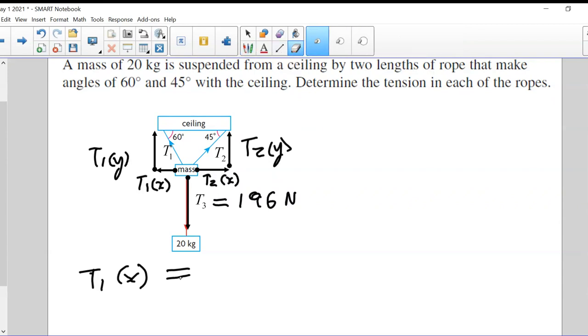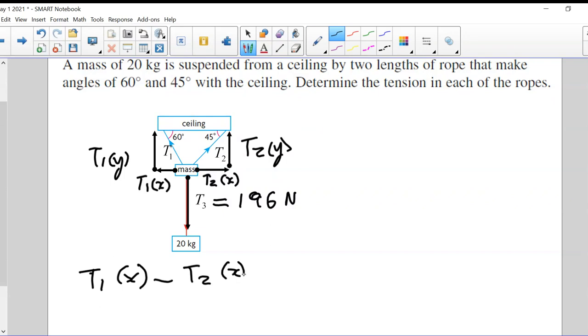Let's say that if I were to subtract T1x minus T2x, that result should be 0. Why am I saying that? Because those two vectors are pulling in exactly opposite directions and must balance each other out. That's what we call static equilibrium here.